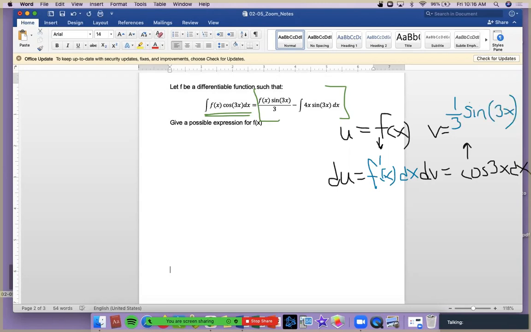Until you get the hang of it, try taking the derivative of that. The derivative of 1/3 the sine of 3x is 1/3 the cosine of 3x times 3, which sure enough is the cosine of 3x.